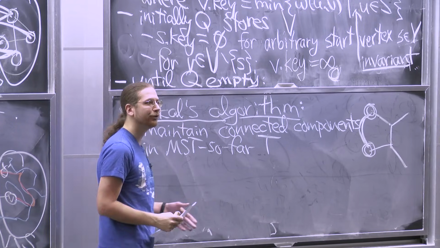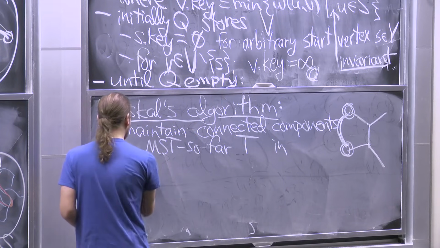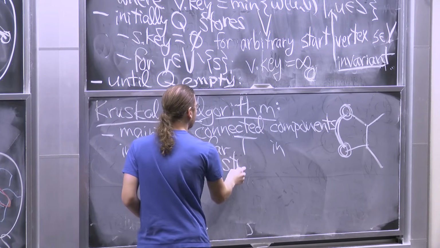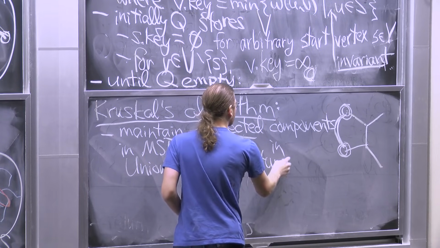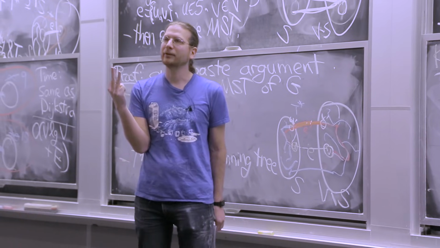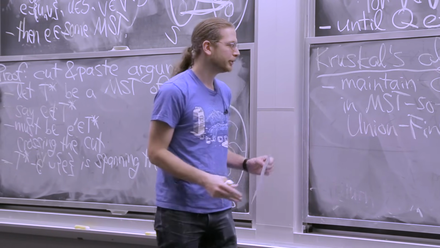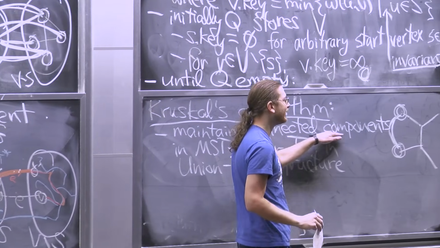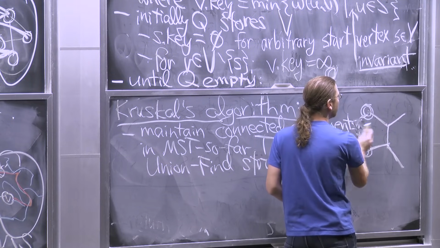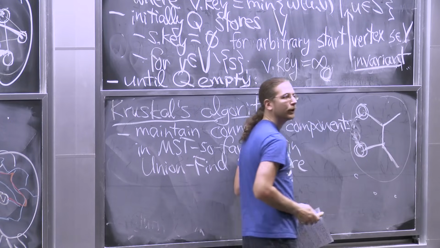Well, it's actually a forest, but I'm still going to call it T. And I'm going to maintain it in a union find structure, the disjoint set data structure. Remember, this had 3 operations: make set, union, and find set. Tell me, given an item, which set does it belong to? We're going to use that. The sets are going to be the connected components. So after I've added these edges, these vertices here will form one connected component, and everybody else will just be in its own separate component.